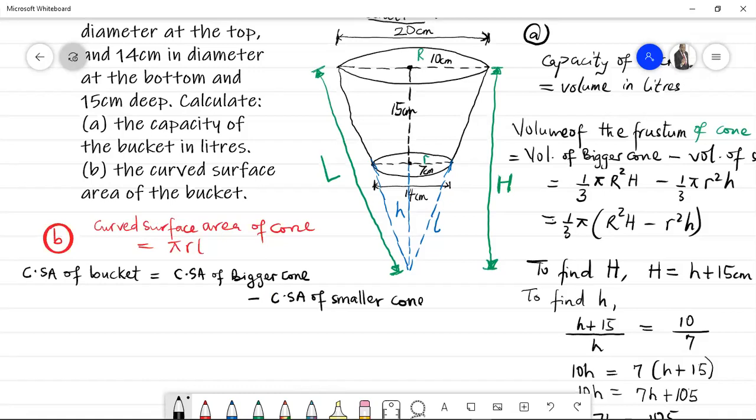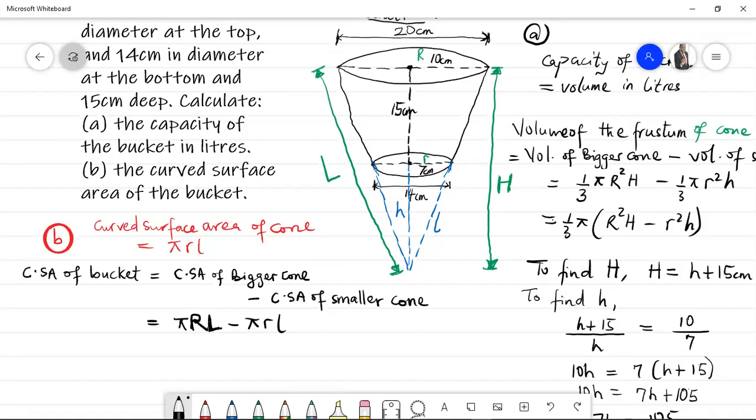So to get that, it is a good way to say pi big RL minus pi small rl. Pi big RL is the curved surface area for the bigger cone. Pi small r, small l is the curved surface area for the smaller cone.